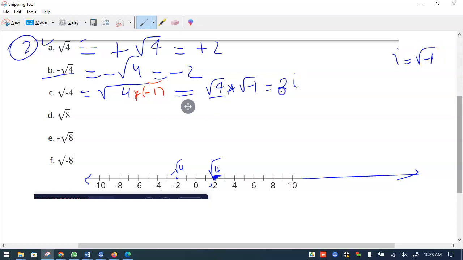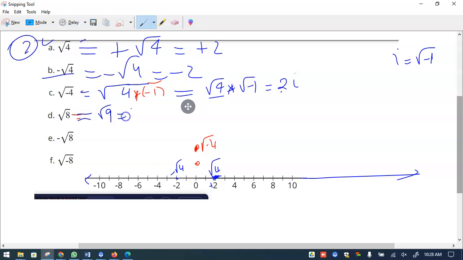And because it is 2, all we do is plot the point, spacing 1 and then 2. So this is the point which is the square root of negative 4. The next one is the square root of 8, which is almost close to the square root of 9.